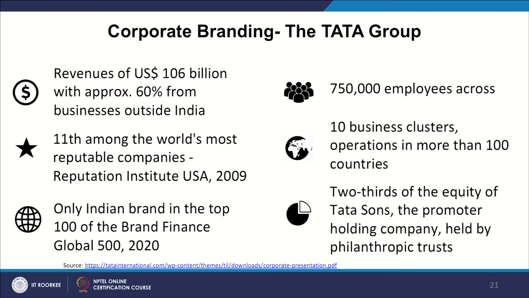So operations, wherein they have partners, associations, and so on. So it's around 100 countries, and this data may vary. You may cross check it from different sources, but the point is that they are truly a global organization at this moment. Two thirds of the equity of Tata Sons, the promoter holding company, is held by philanthropic trusts.